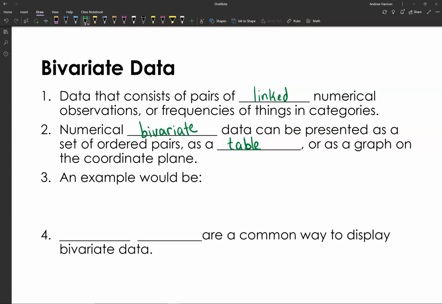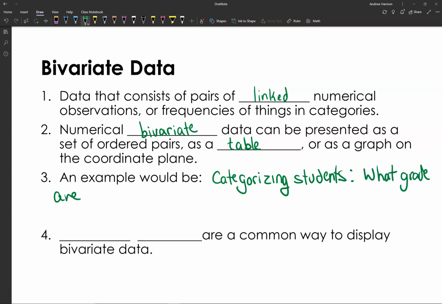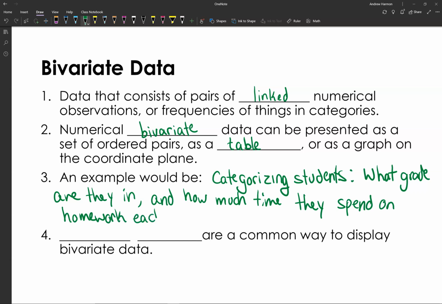An example of bivariate data would be categorizing students in two ways. The first would be looking at what grade they are in, and then the other would be how much time they spend on homework each night. Do you see how we'd be comparing those two things?